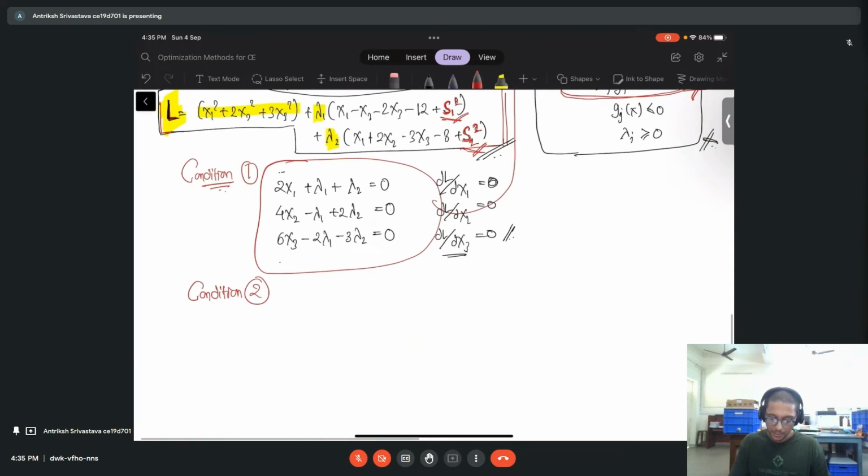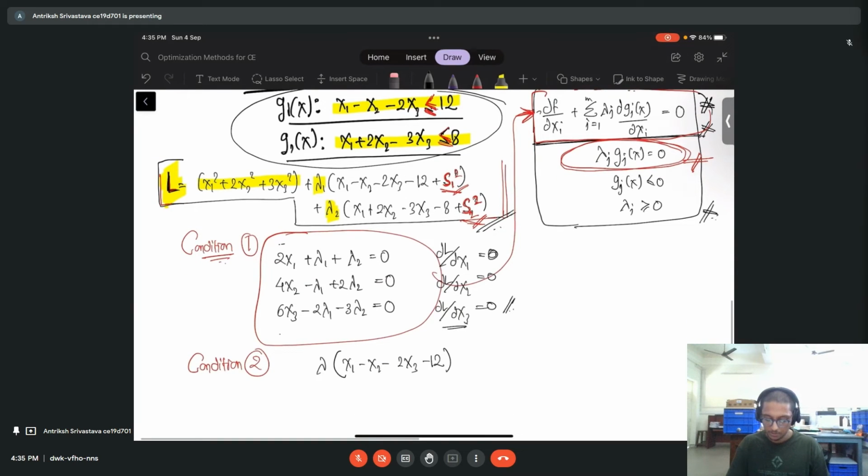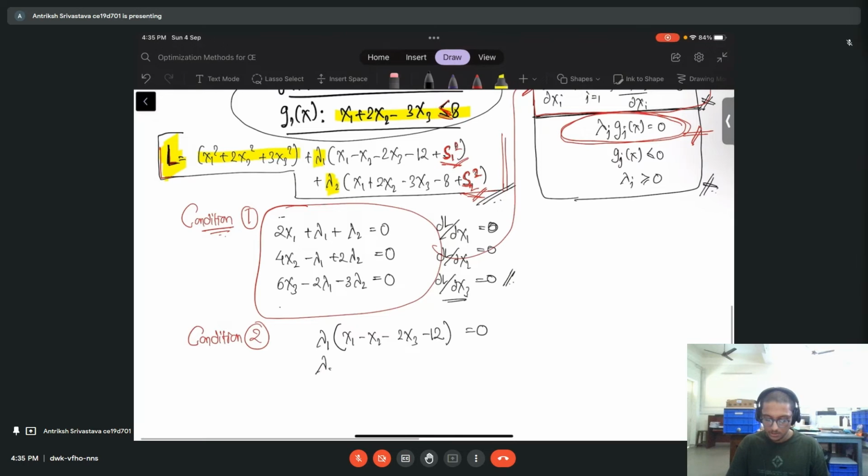Condition 2 states that the first inequality, that is x1 minus x2 minus 2x3 minus 12, multiplied with its Lagrange multiplier, that is lambda 1, will be 0, and the second one similarly.